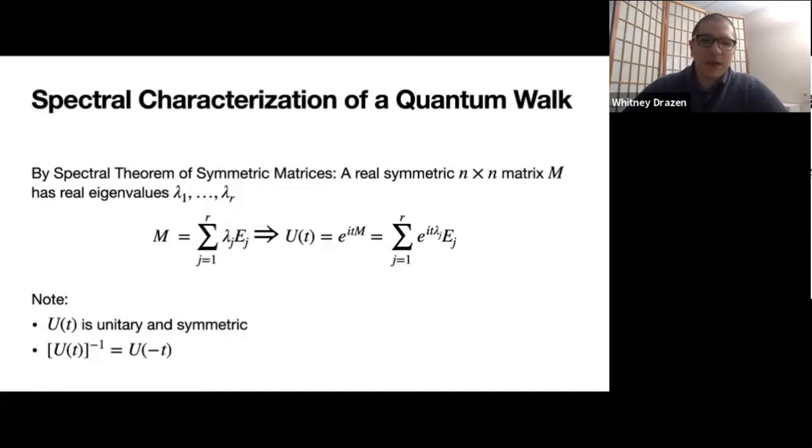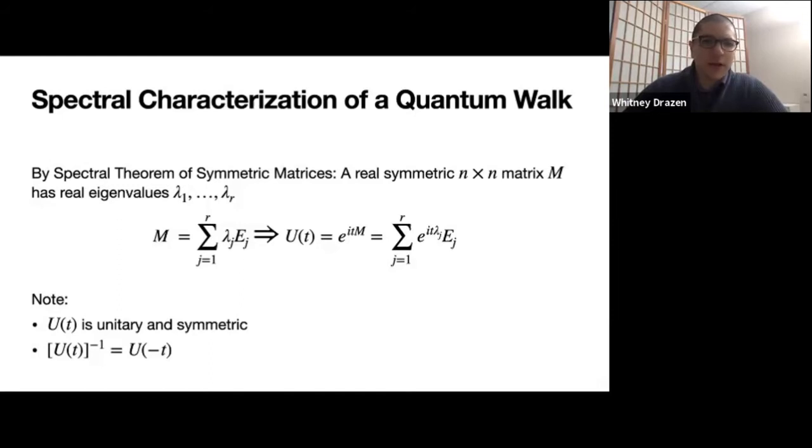So the spaces it acts on are the same, but the difference is that the eigenvalues are multiplied by a time parameter and exponentiated. So U(t) is unitary and symmetric, and it has an inverse that's just given by going backwards in time by t instead of forwards in time.